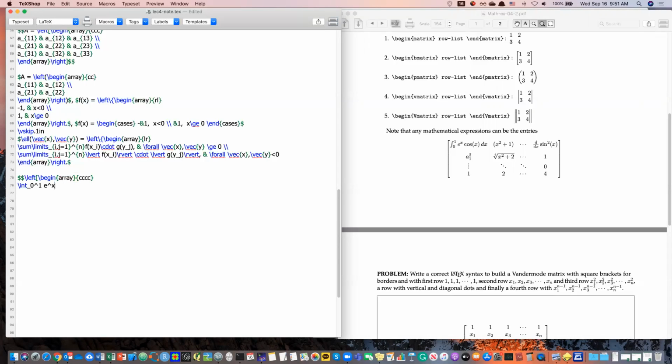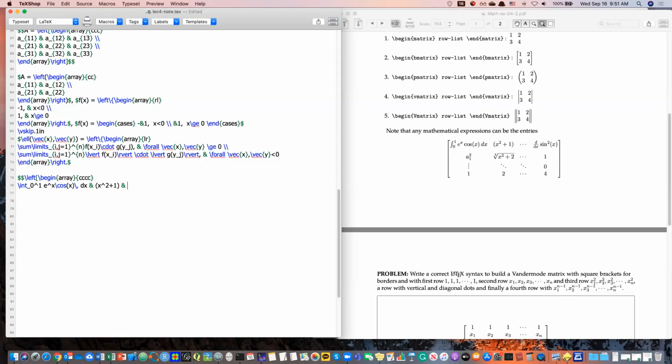For the operators you have to put a backslash. Cosine and then x, and then backslash comma. Remember that, the dx, and the x square plus 1, right?